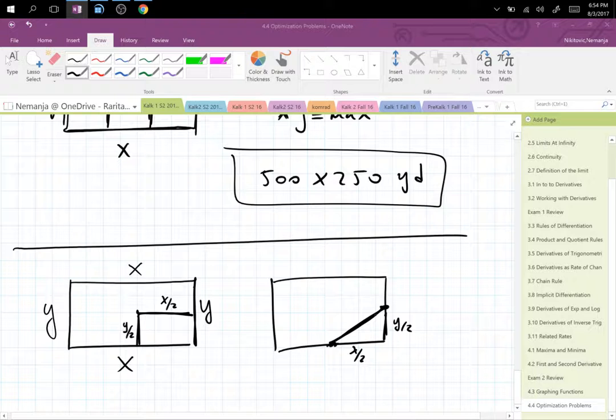There's a lot of geometries that you can work with, and optimization is figuring out two equations, constraint and objective. Objective is the one that has min and max in it.